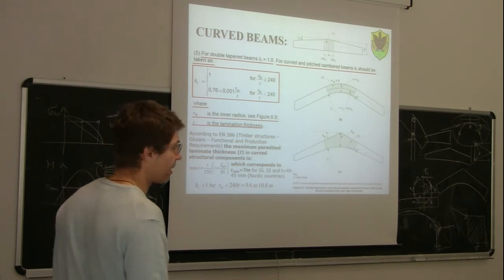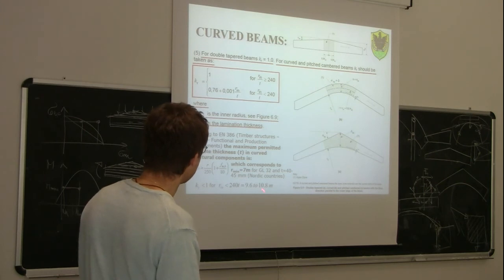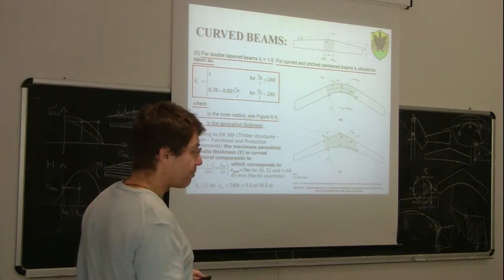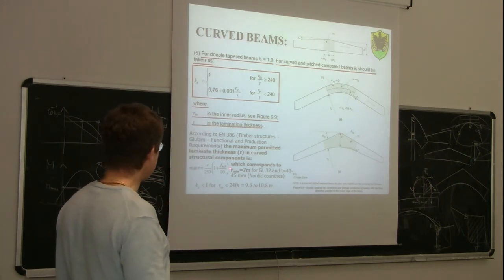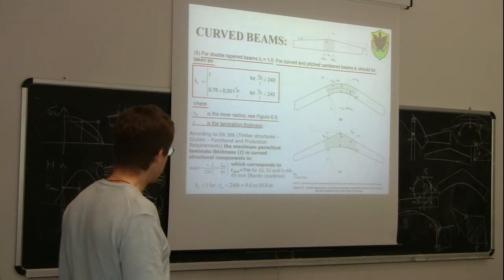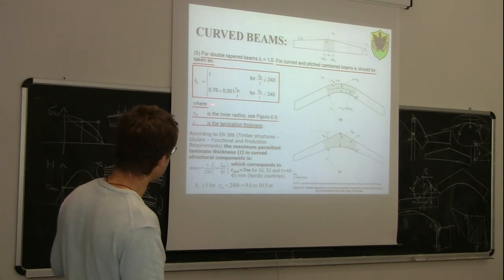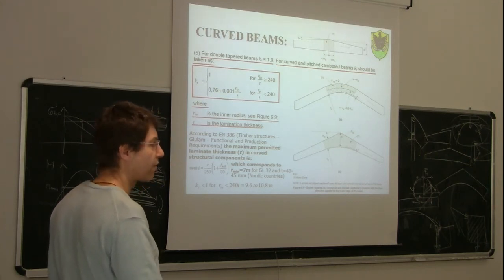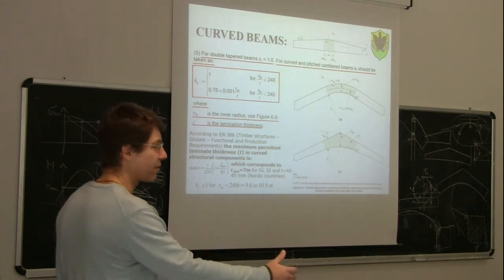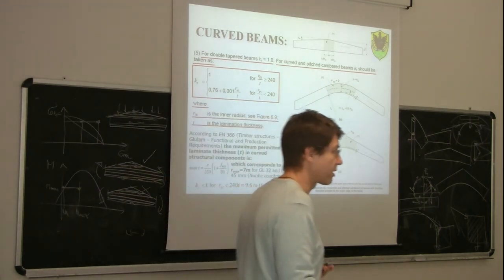So in other words, we can't bend this lamination on a radius less than 7 meters. From 7 to, let's say, 10 meters, we need to consider this reduction coefficient. For radius greater than 10 meters, we can ignore this Kr, because this Kr becomes equal to 1. Okay?